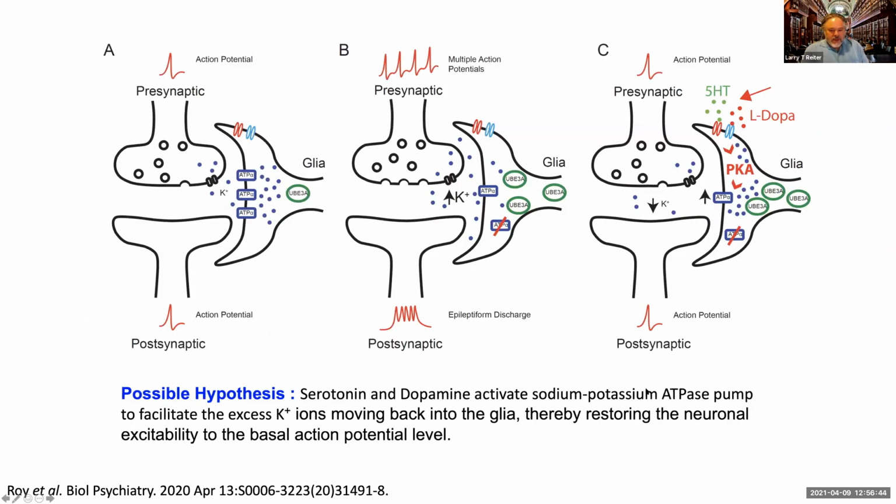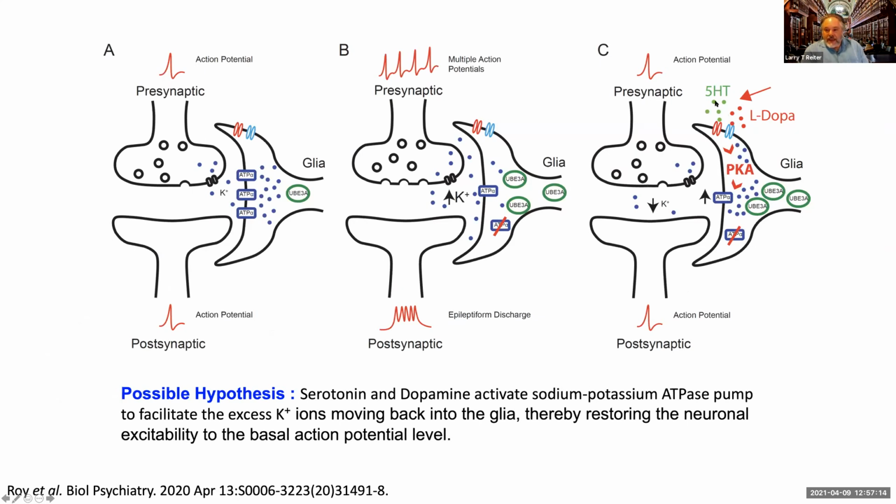So what we think is going on is that the activity of 5-HT1A, and we're not sure which dopamine receptor, the activity of these receptors in glia is acting through PKA to activate ATP alpha. So this part of the pathway is already known. We didn't do that work, but it was known that if you stimulate 5-HT1A, it can activate ATP alpha through PKA.